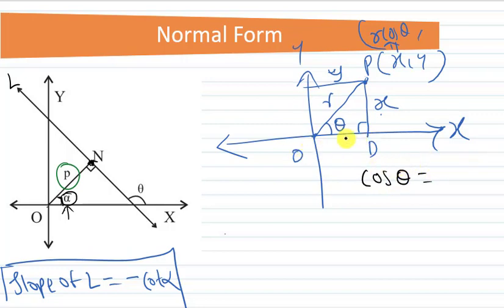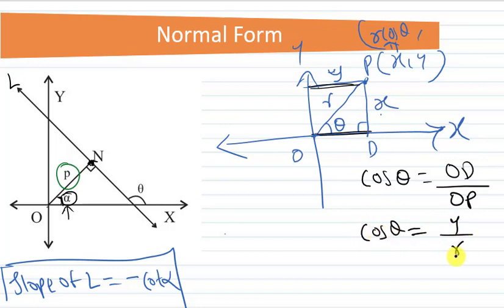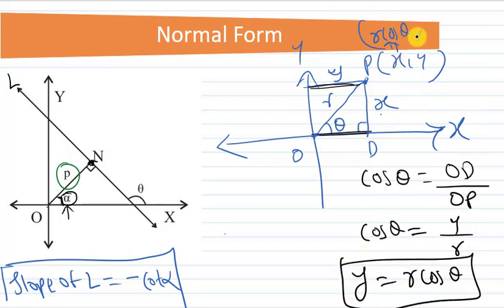Cos theta will be the adjacent side OD upon hypotenuse OP. Here OD will be y. This distance is y, that means this is also y, and the length of OP is r. If I shift this r to the left-hand side, what I will get? y equals r cos theta. That means I can write y as r cos theta.